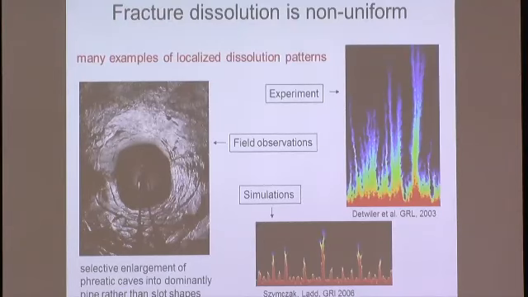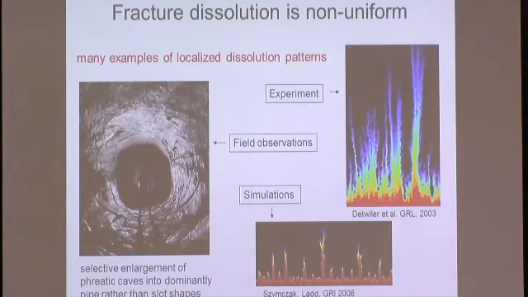The red is the places where the dissolution is at the highest, then yellow, then blue, and black are the places where there is no dissolution at all. So you can see that it does not happen uniformly. There are channels being formed where the dissolution is focused because the flow is focused there. And the same thing is here in the simulations of a different system.